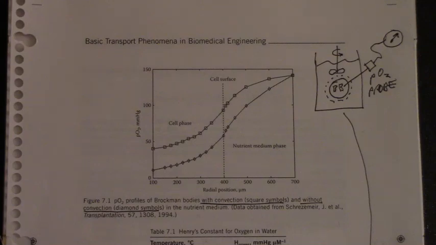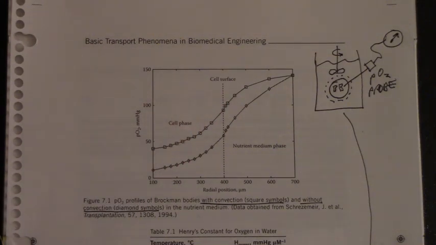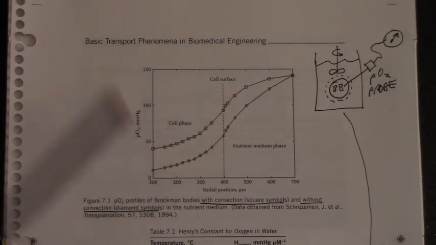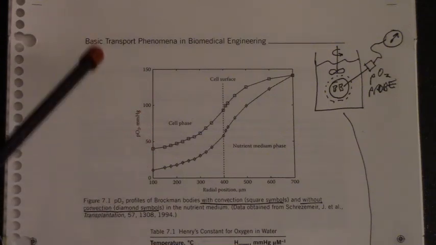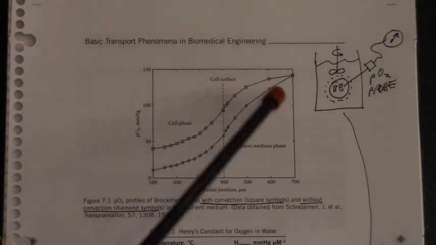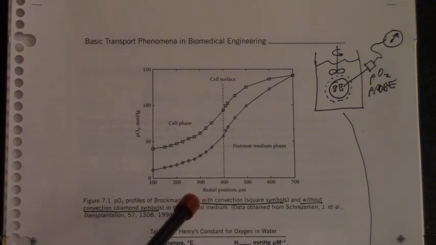body itself. So this is very interesting data, and actually we're going to use this data to develop our first mathematical model of oxygen diffusion within a spherical collection of cells. And a couple things that it shows: number one, how we use the PO2 to represent really the concentration in the fluid phase and in the tissue space as well.